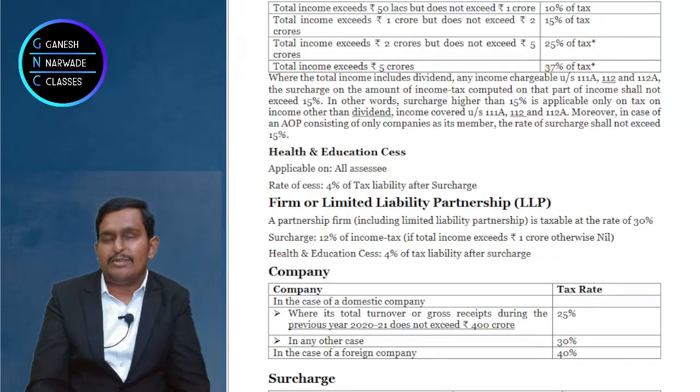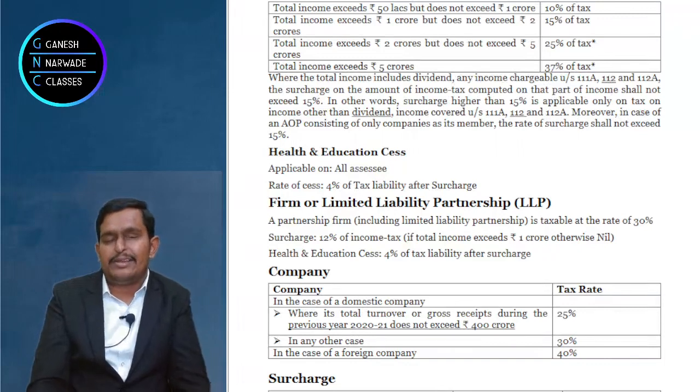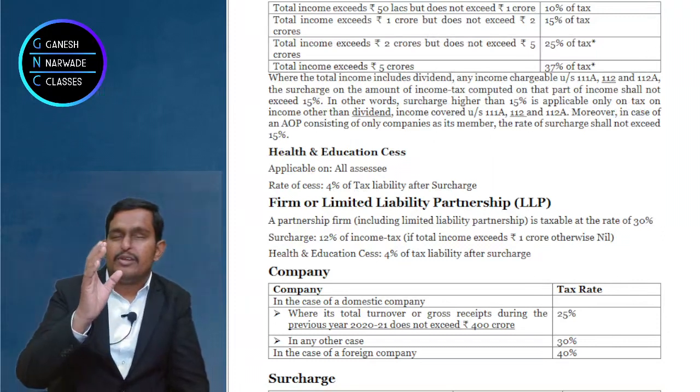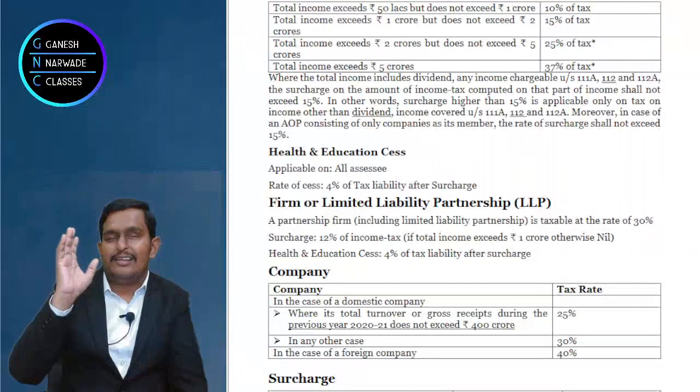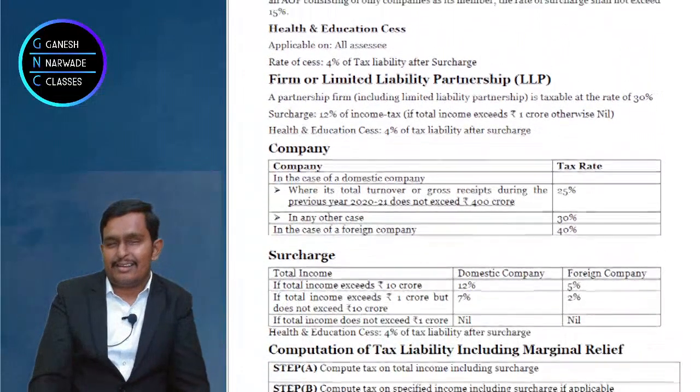If it is 10% surcharge, tax into 10%. If it is 15% surcharge, tax into 15%. Okay, surcharge related full clarity you got. When we do numericals, you will get next level clarity. I am here to make tax crystal clear.